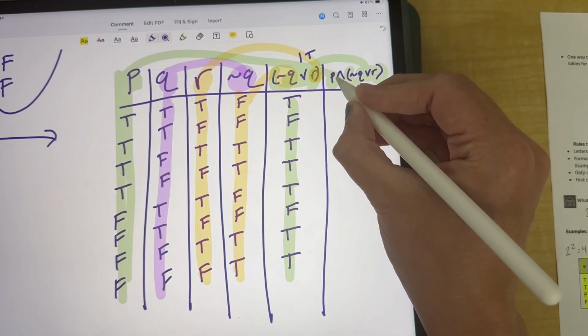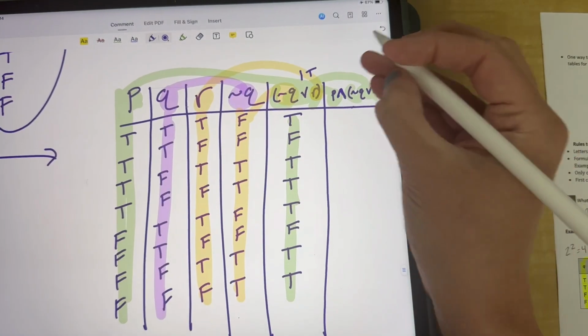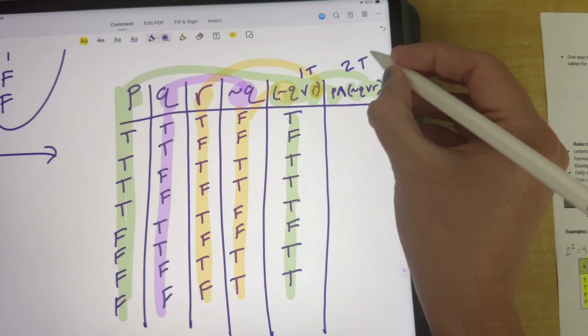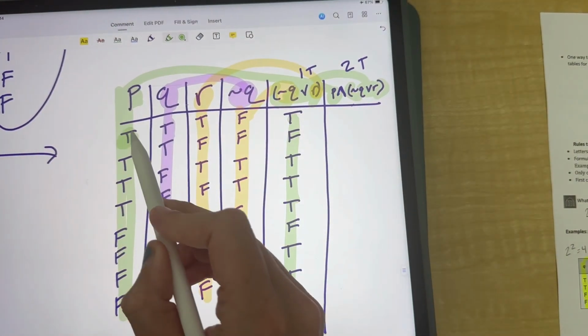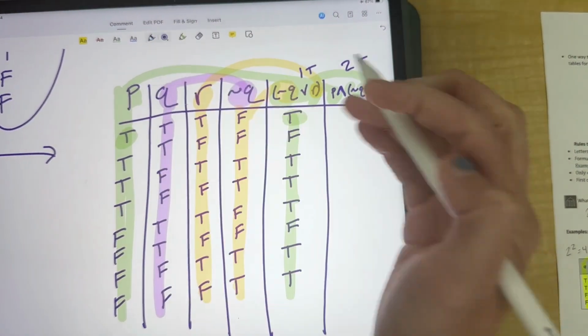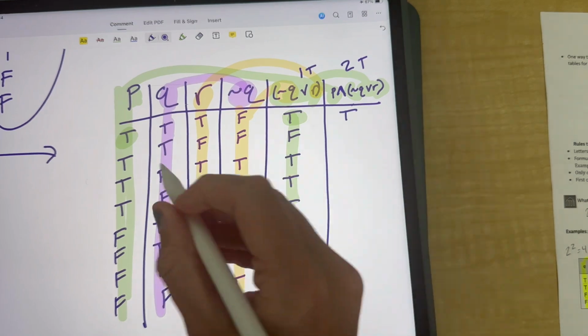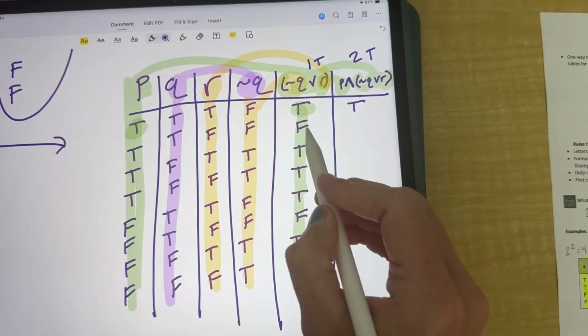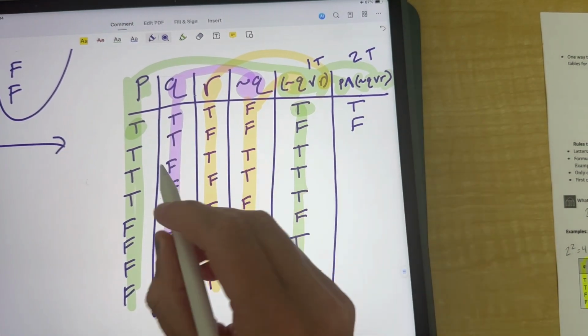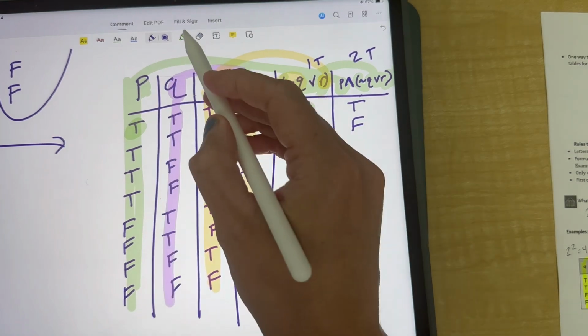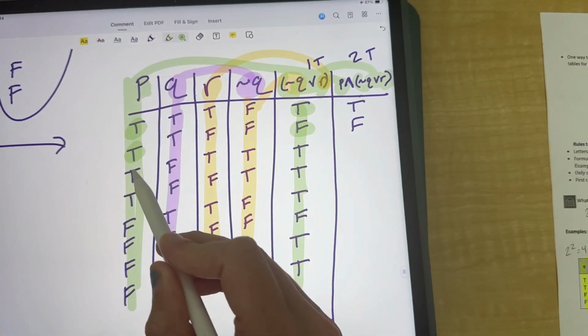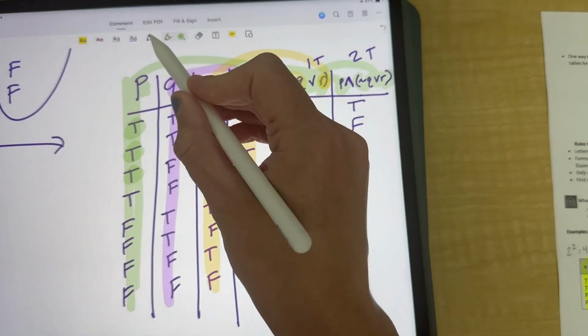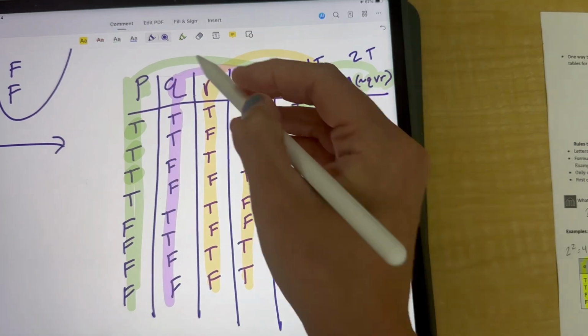And it has an upward facing arrow, so that's an and. So both things have to be true for it to be true. So we have TT, are both true? Yes. We have TF, no. Okay, the third, it's kind of hard to see, so if you need to go like this, each one. Okay, the third is TT, so that's both true.